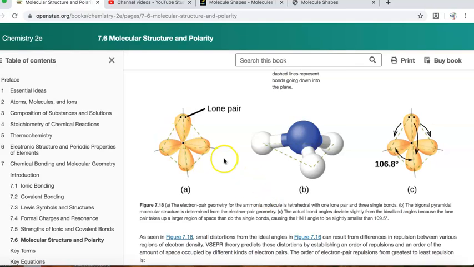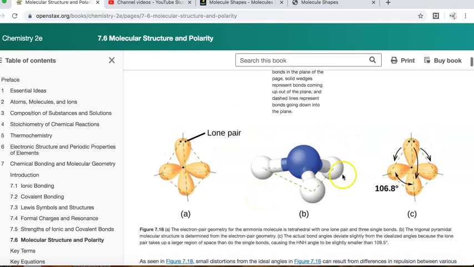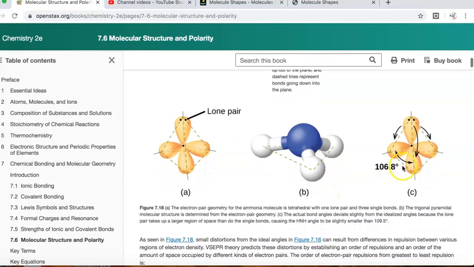So when you draw out the Lewis structure, it has 3 hydrogen atoms that the nitrogen has a single covalent bond with, and it has a lone pair. So that's 4 electron pairs, but it only has 3 bonding pairs. So that affects the angle. It's no longer 109.5 degrees like a tetrahedral structure would be. Instead, it's 106.8 degrees for the bond angles.